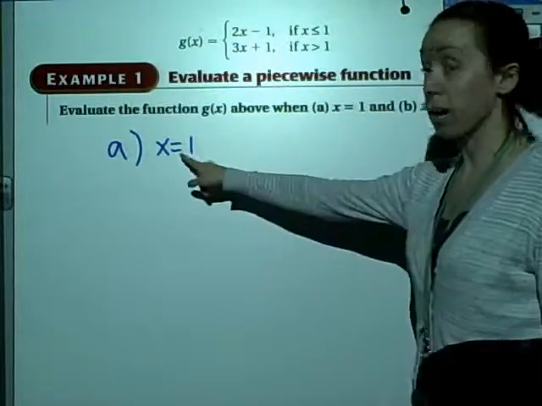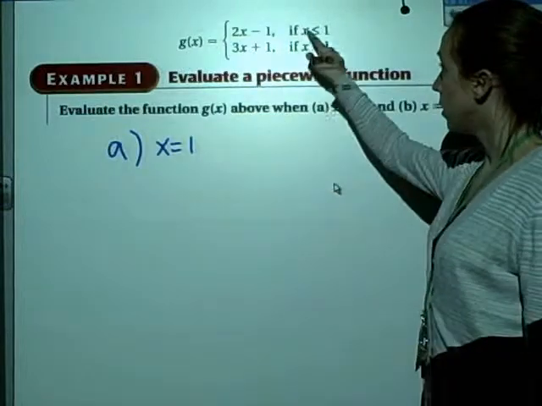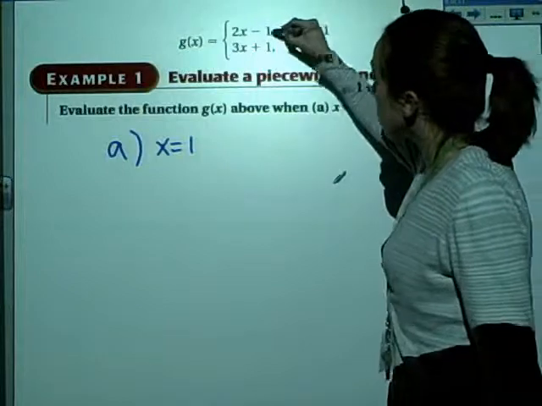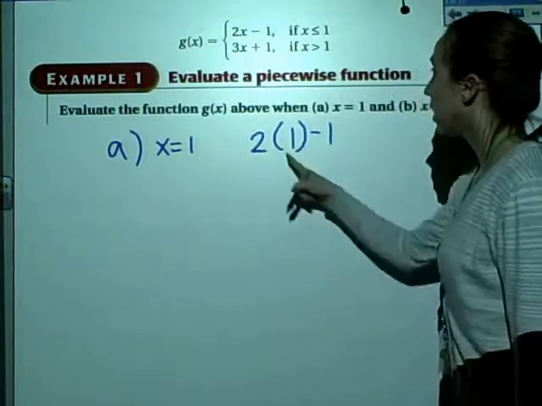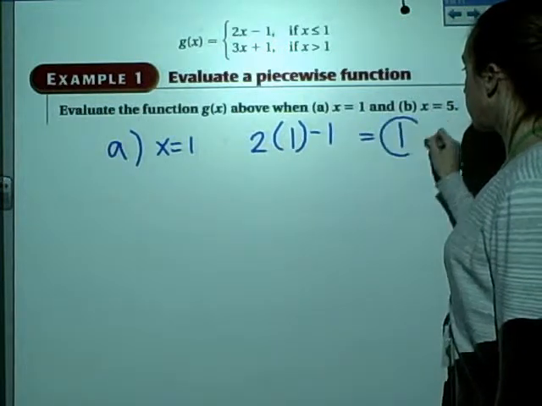Well, I have 1. So does that count? Let's see. Oh yeah, 1 is less than or equal to 1. It's equal to 1. So that tells me I need to use this top function here. 2 times 1 minus 1. 2 times 1 is 2, minus 1 gives me 1.